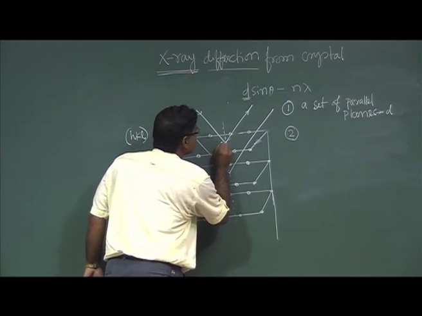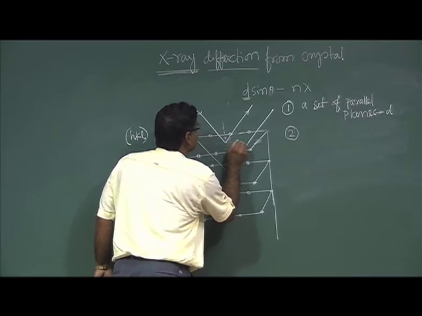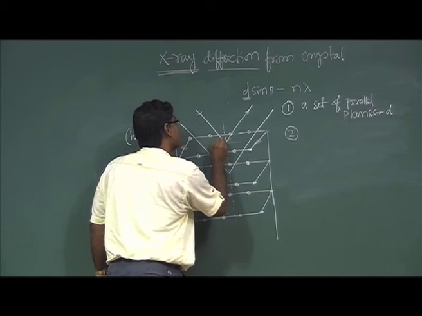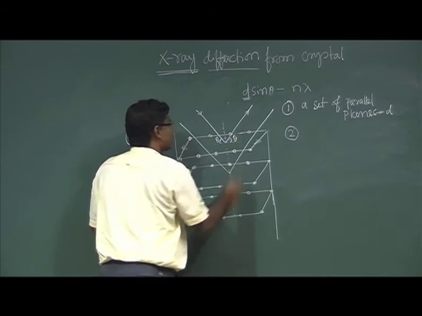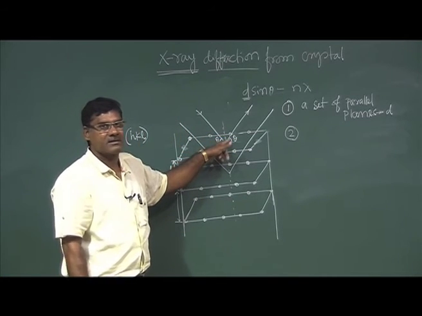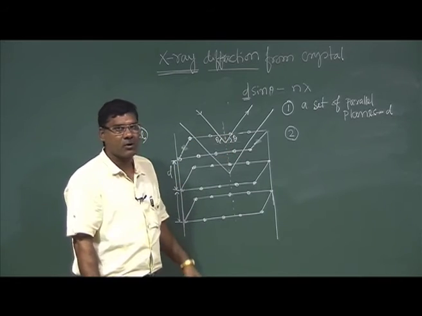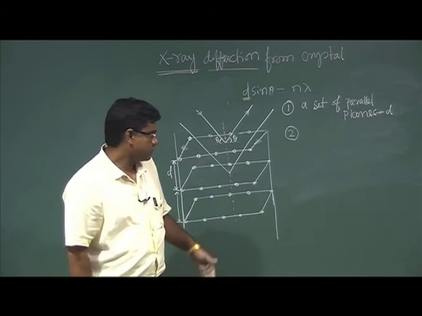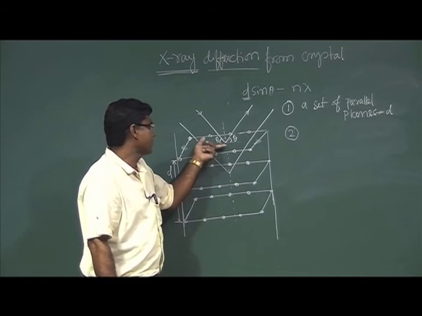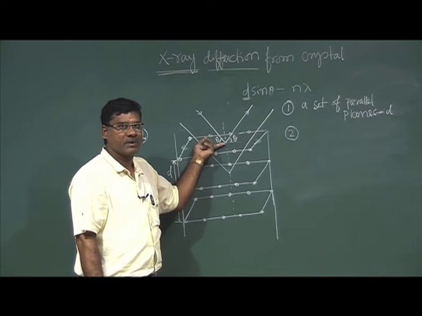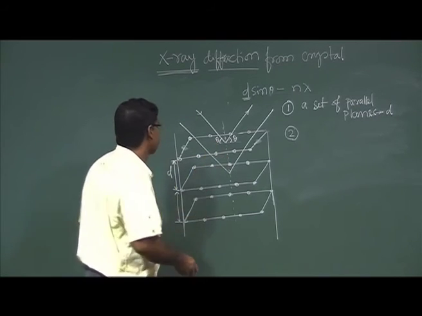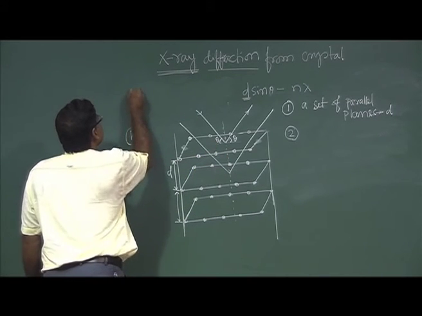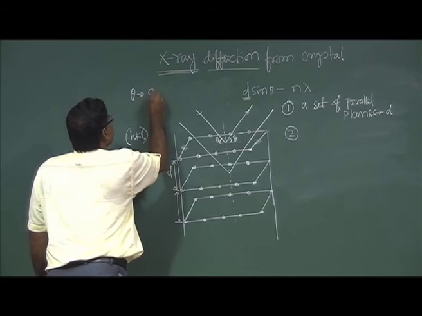What is that rule? The incident angle will be equal to the reflection angle. Generally the angle is taken with respect to the normal, but one can also take it with the plane. Then we say theta is the grazing angle.